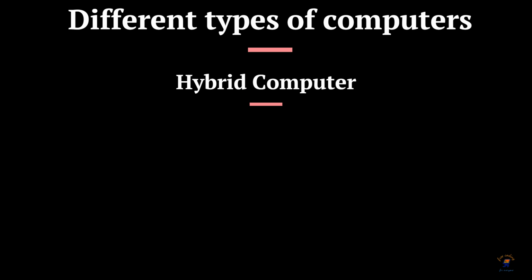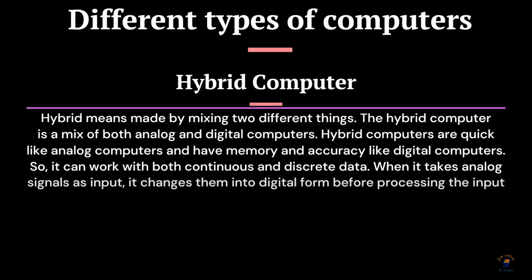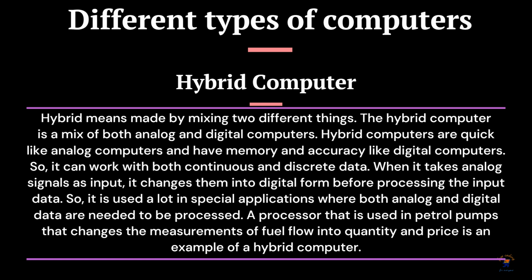Hybrid computer. Hybrid means made by mixing two different things. The hybrid computer is a mix of both analog and digital computers. Hybrid computers are quick, like analog computers, and have memory and accuracy like digital computers. So, it can work with both continuous and discrete data.